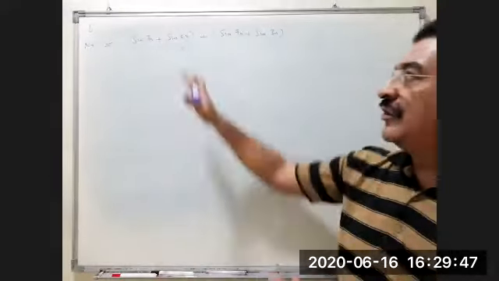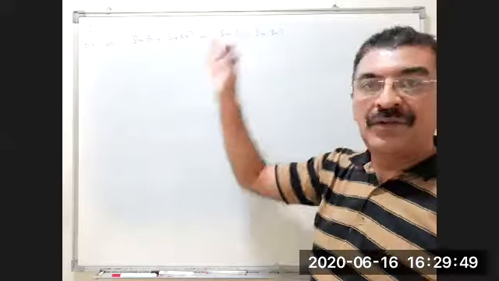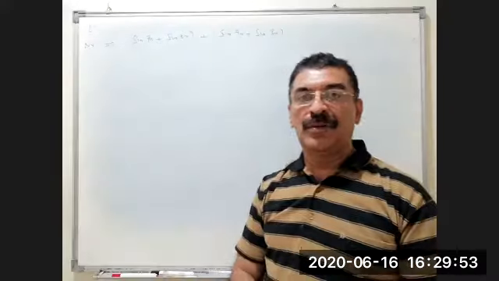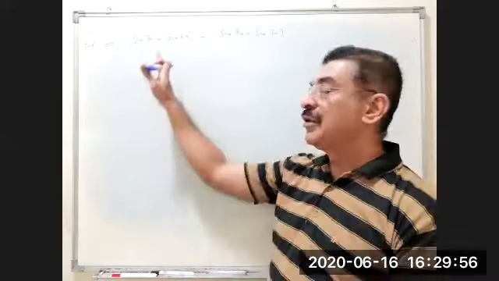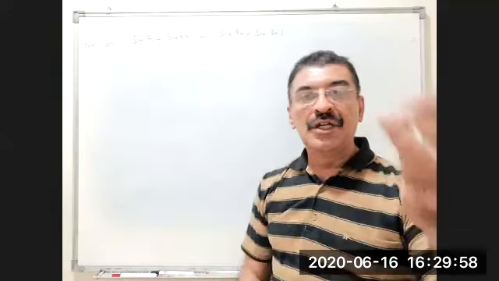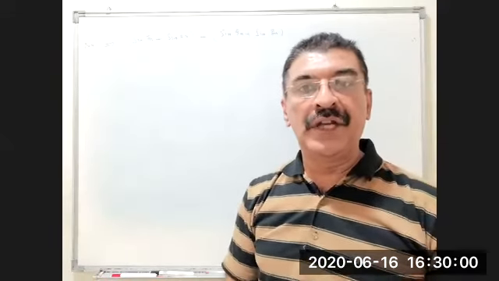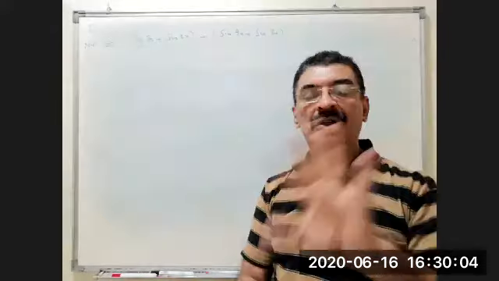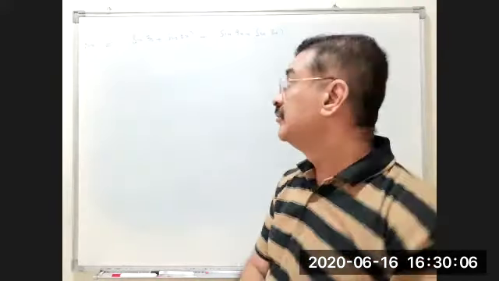Use the sin x plus sin y formula. Similarly, in the denominator, use the cos x plus cos y formula directly. Numerator I will simplify. I will show you. Denominator, you simplify using the formula cos x plus cos y. Then check it, numerator and denominator.